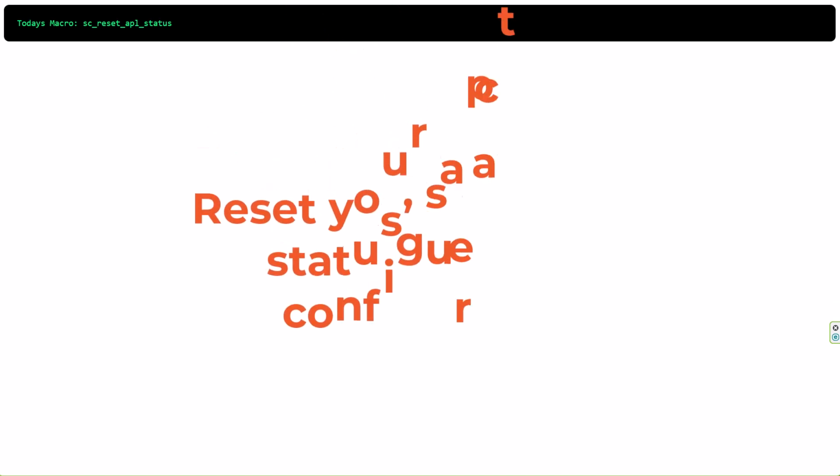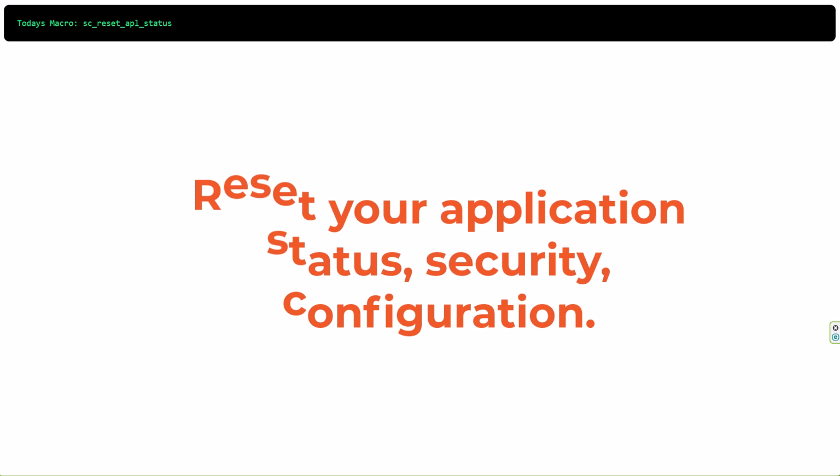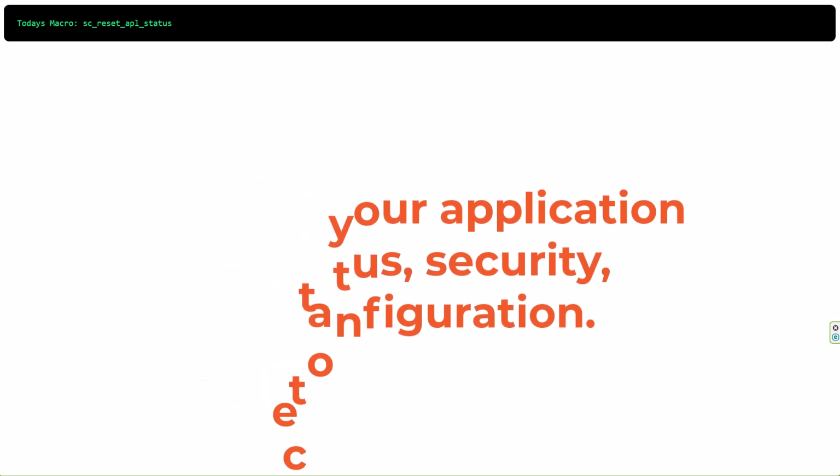Yes. When you set your application status, those specific permissions roll over to other applications. So in those cases, you may want to use the sc_reset_apl_status macro to perform a nice clean wipe, or should I say, wipe that slate clean.